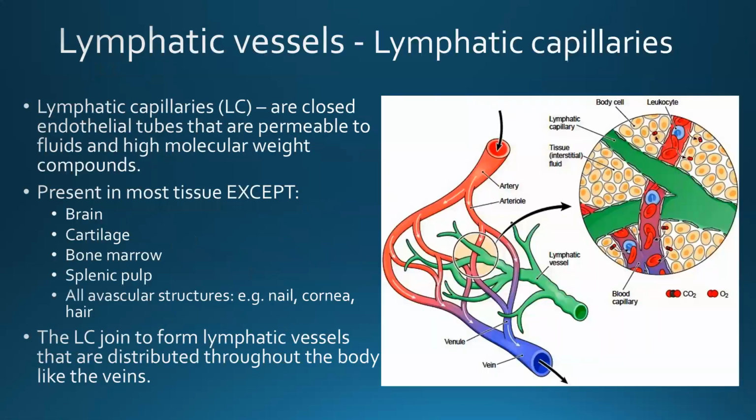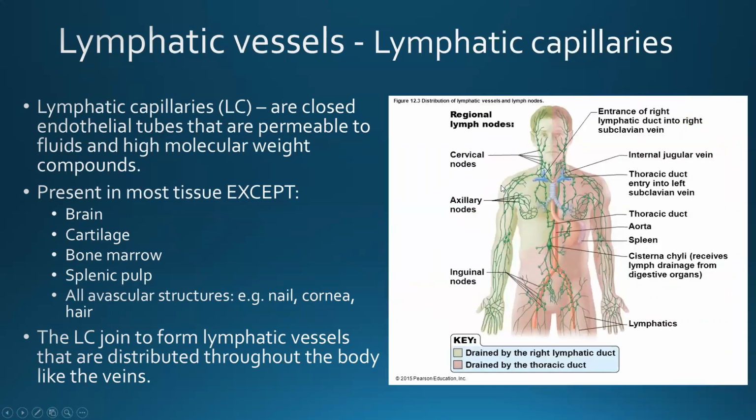Okay, lymphatic capillary. What are lymphatic capillaries? This is the lymphatic capillaries. They are closed endothelial tubes that are permeable to fluids and high molecular weight compounds. They are present in most of the tissue except in the brain. What you see here is actually the superficial. They are not present in the brain.